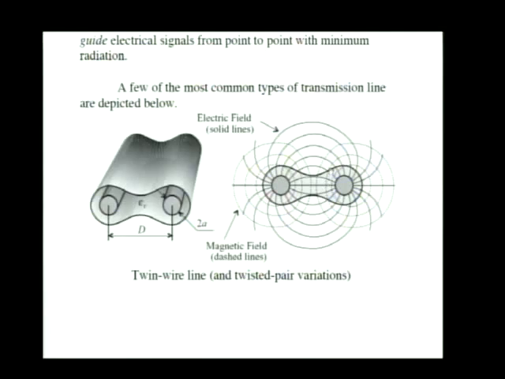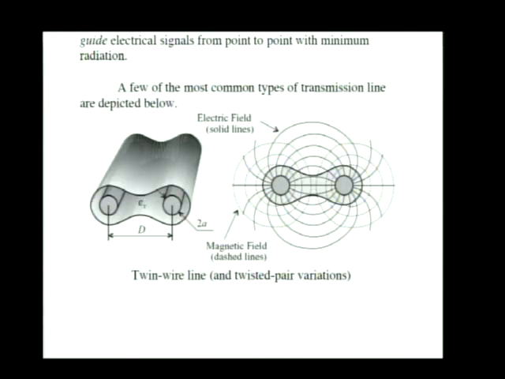The transmission line sets up electric fields that surround it and magnetic fields that surround it. The fields have the appearance shown here. And for a twin wire pair like this, these fields are called TEM fields. You've probably heard this terminology before. It stands for transverse electromagnetic.